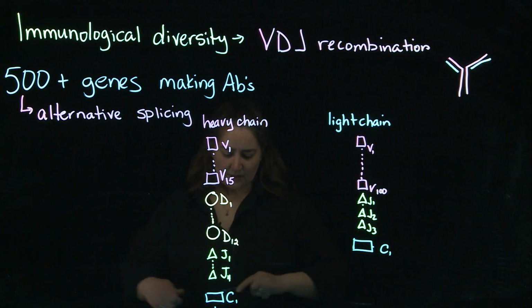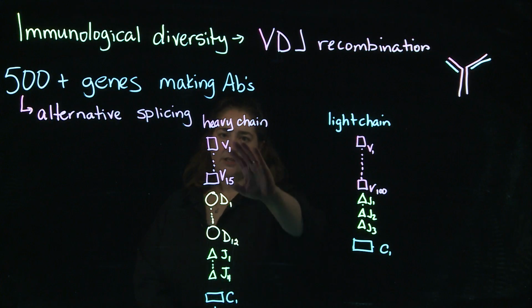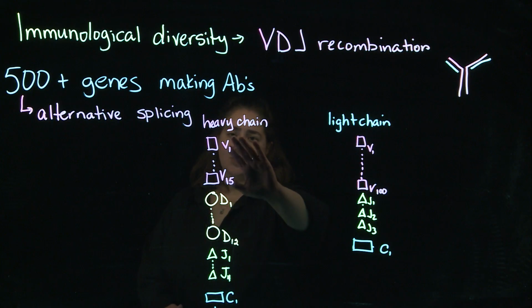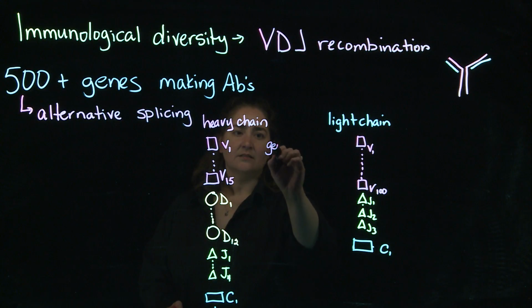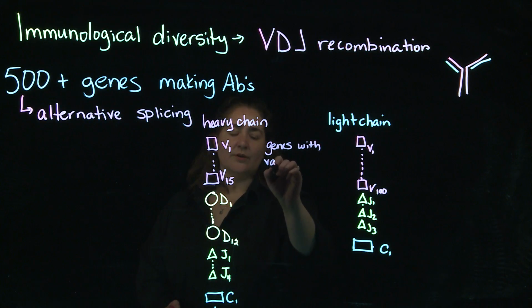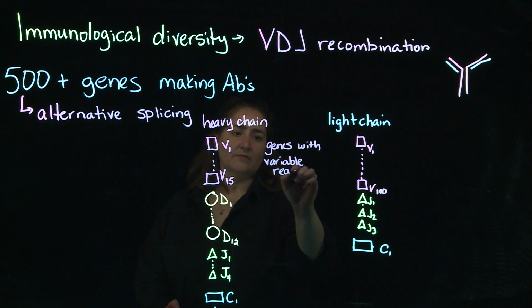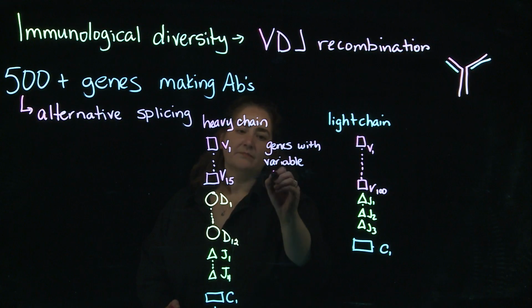So these boxes that I've drawn here represent genes associated with the variable region. Goodness, I can spell. I promise I can spell most days, just not today.